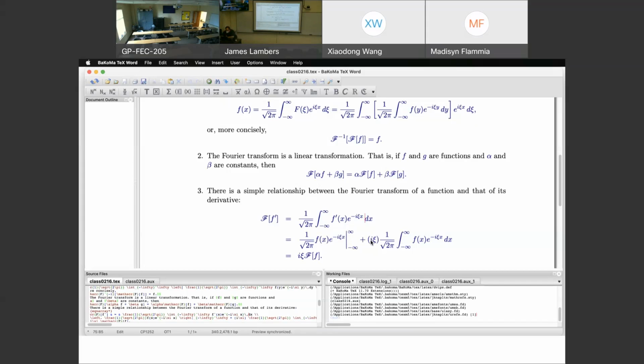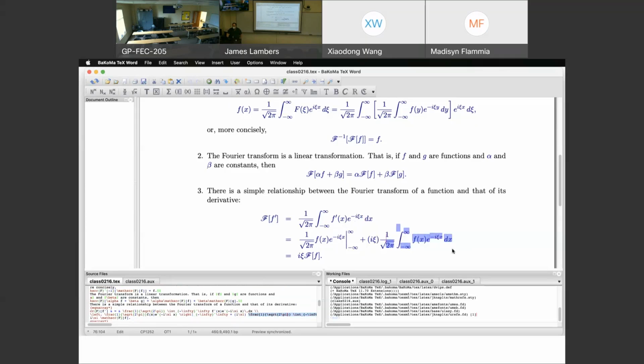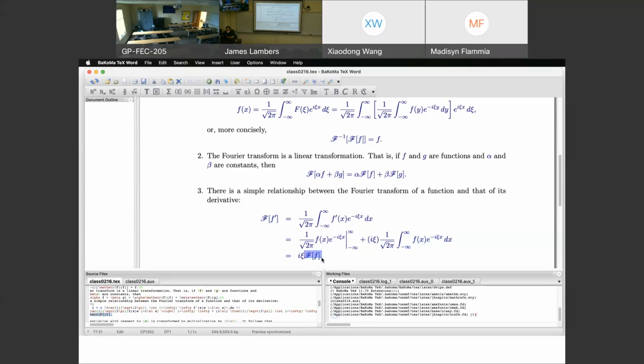Well, I have this factor iξ that comes from taking a derivative of e to the minus iξx. And then everything that's left here fits exactly the definition of the Fourier transform of little f. So I can replace this entire integral, including the 1 over square root of 2 pi scaling factor, with the Fourier transform of f. So what we see here, the final result, is a very simple relationship between the Fourier transform of a function and that of its derivative.